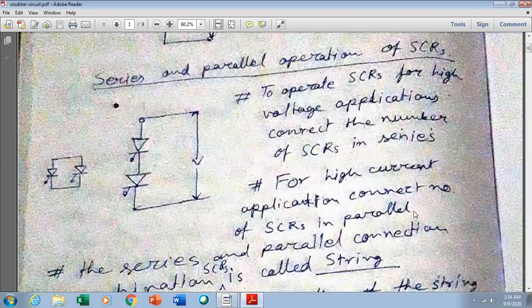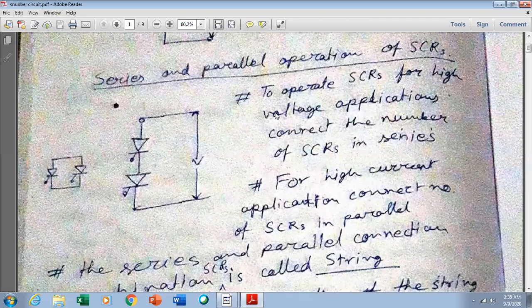Series and parallel operation of SCR. So in SCR we can apply a number of SCRs in series or in parallel for application purposes. Different application purposes need a series combination of SCRs or a parallel combination of SCRs.